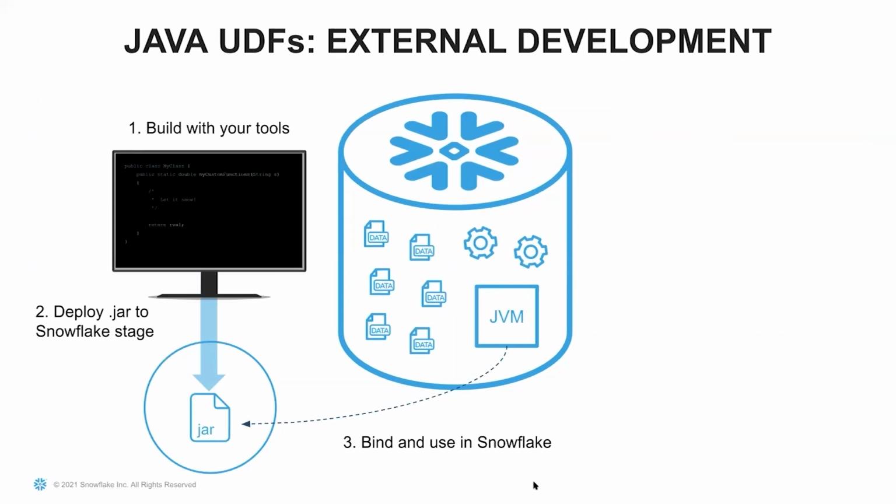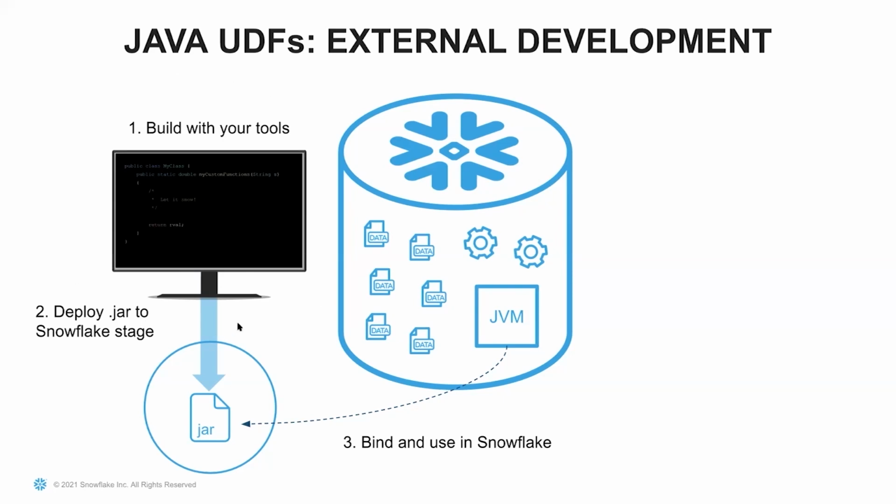So remember, Java UDFs is really about bringing code into Snowflake and running it right in that warehouse that you already have. There are now two ways to go and build these. The first way that we had, illustrated here, is you could go and build a Java function using your own tooling. My tool of choice is VS Code, but you can use things like IntelliJ or Eclipse to go build your Java function outside.